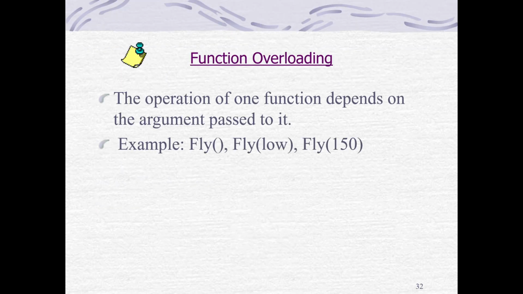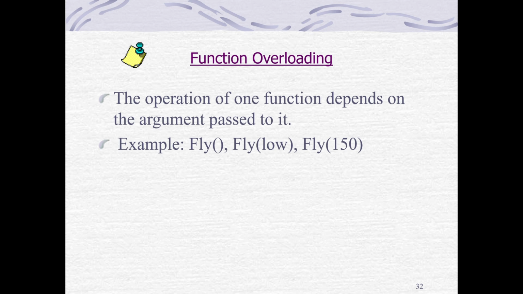So here polymorphism contains two types of functions: function overloading and function overriding. Here the operation of one function depends upon the arguments.